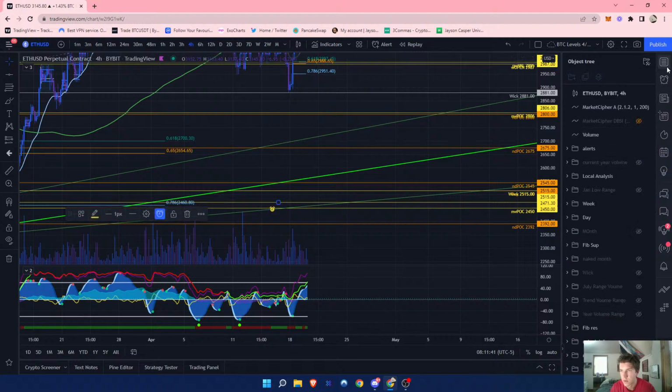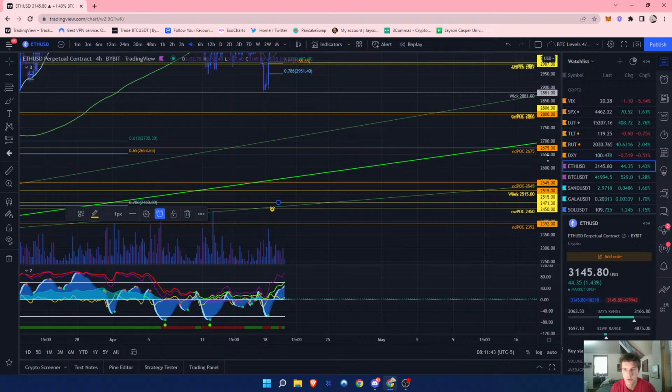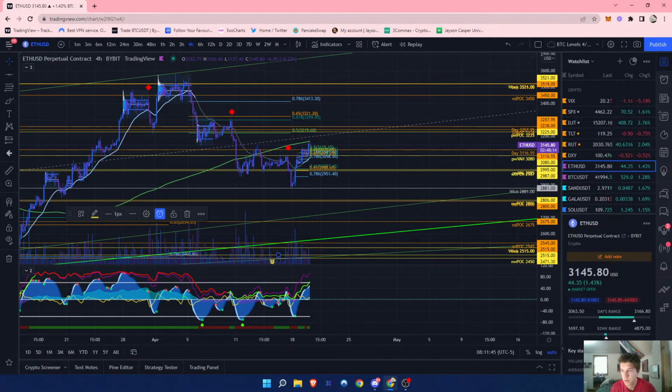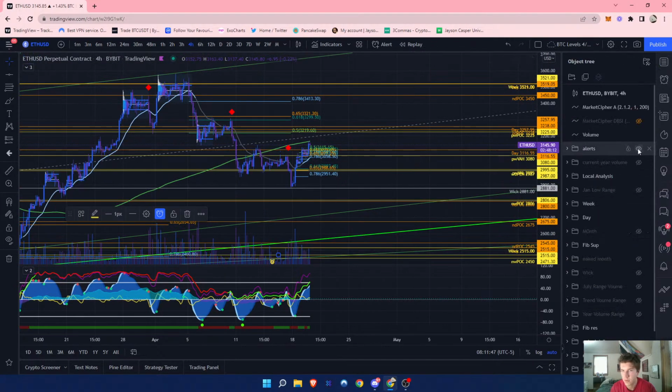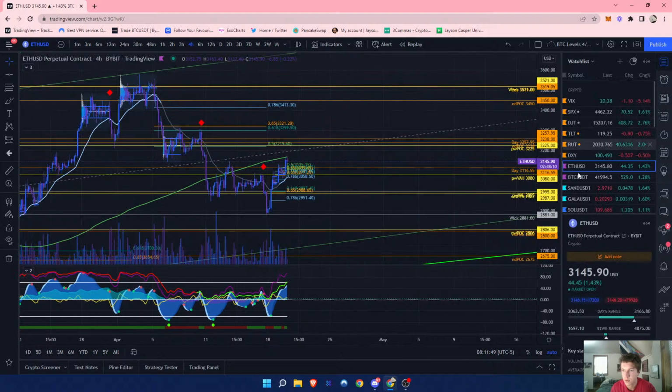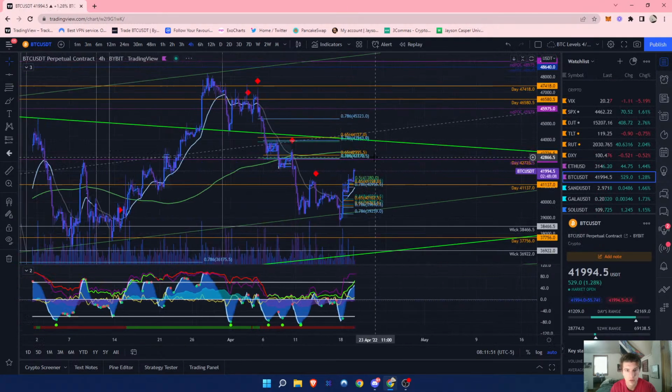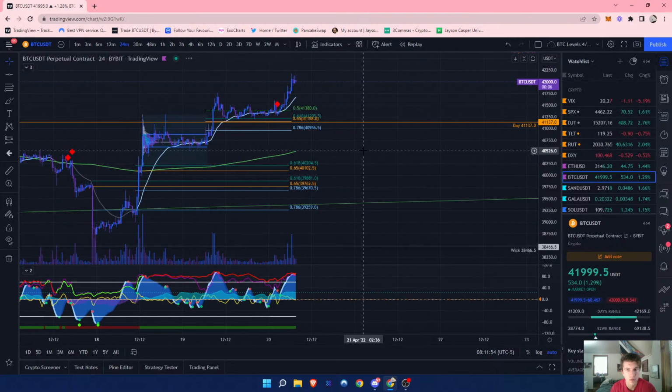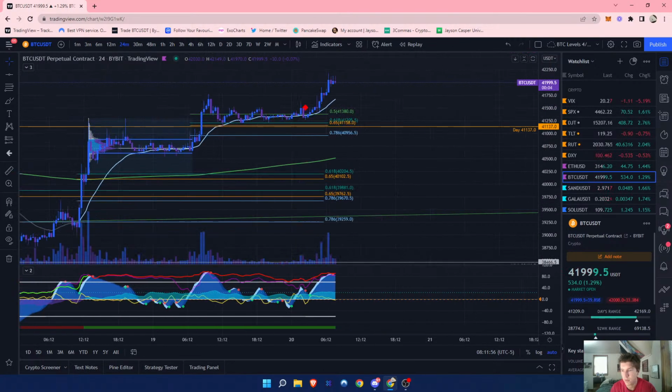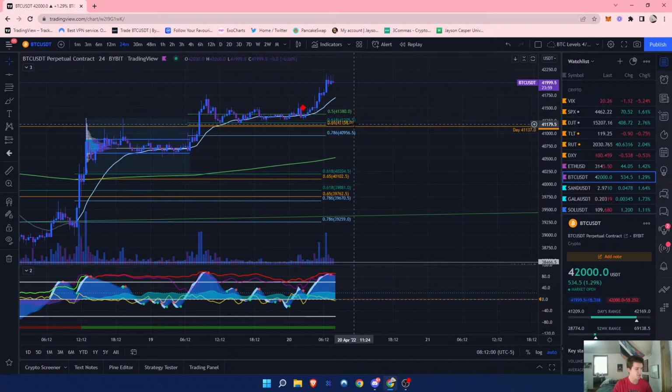So that's pretty much it for trades. Might get a small pullback, especially with New York opening. Might dump down really fast and then pop back up.